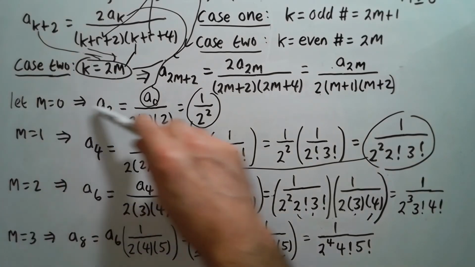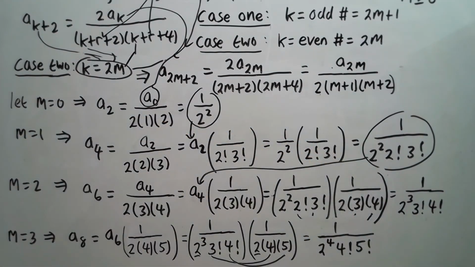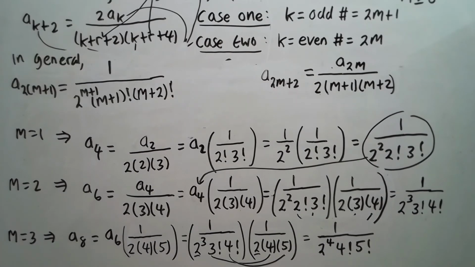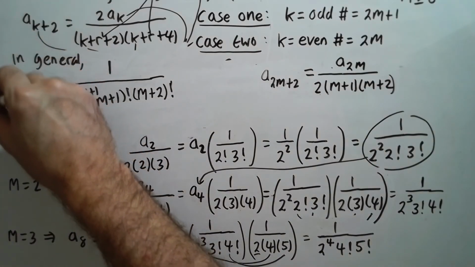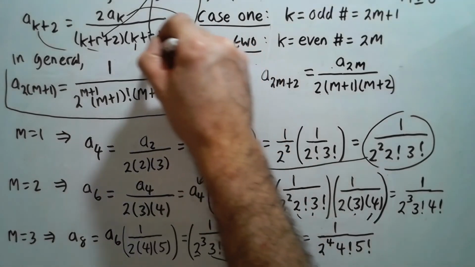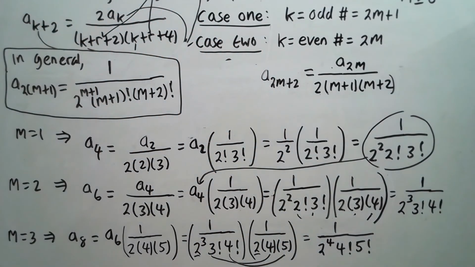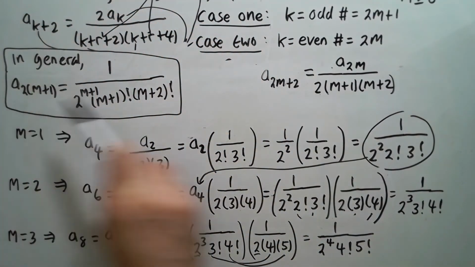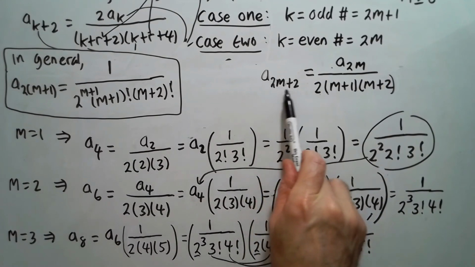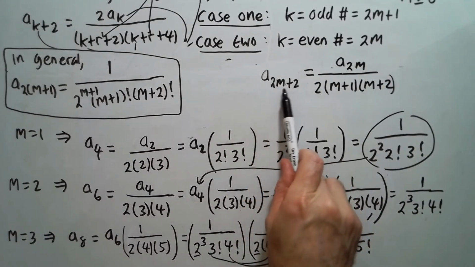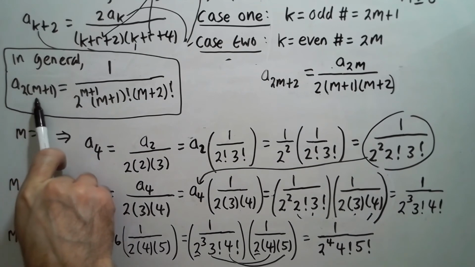I'll write the general pattern right here, and I'll explain how I got it. In general, I'm claiming it's this guy here. It's a to the 2m plus 2 on this side, and I can pull a 2 out, so it'll be 2 times m plus 1.